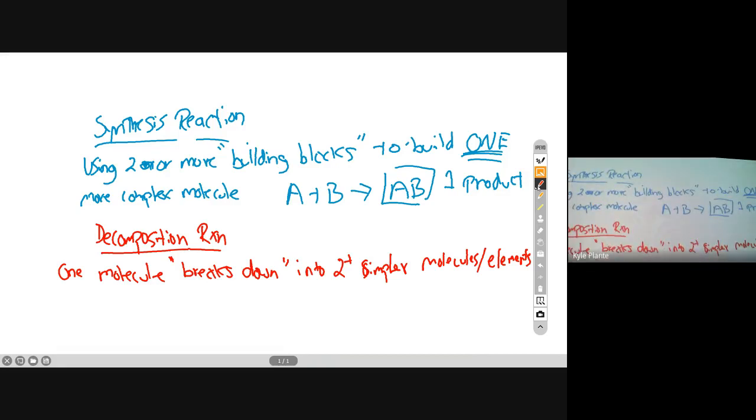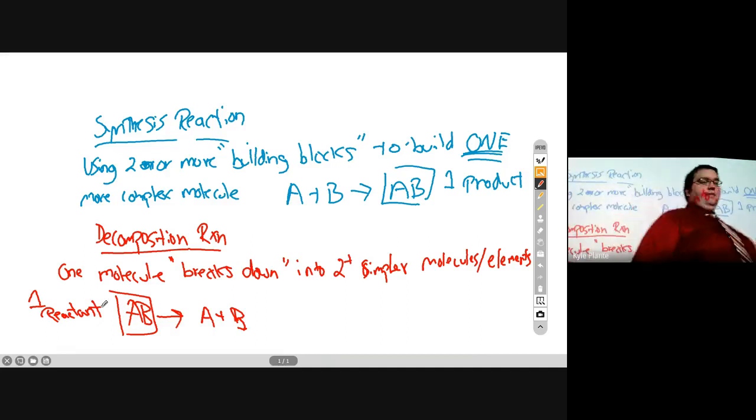We take our complex molecule and it breaks down into its building blocks. Notice, instead of one product, we now only have one reactant. And that's really all there is to synthesis and decomposition reactions. They're the easiest ones to identify because you're only ever looking for one single thing.